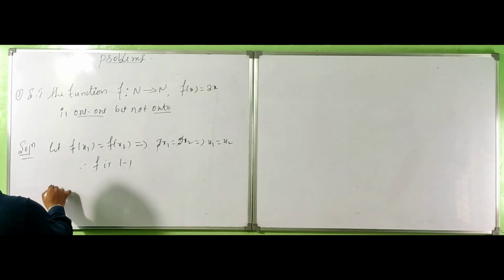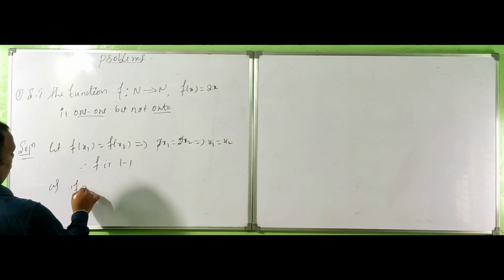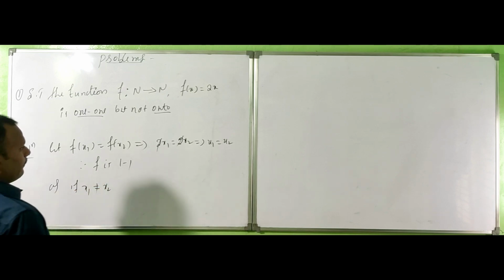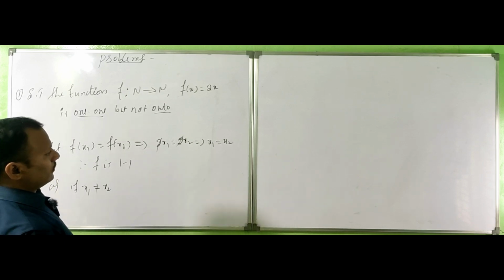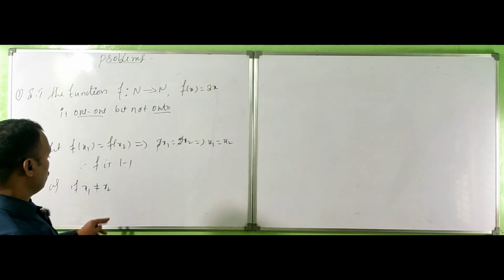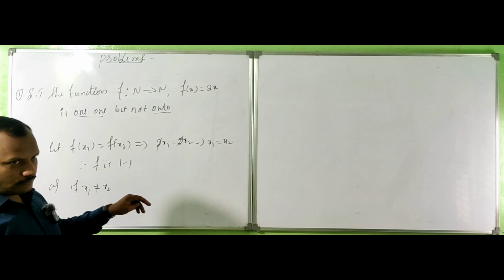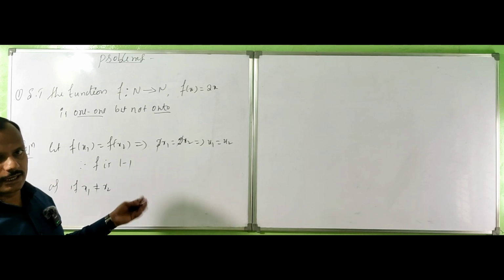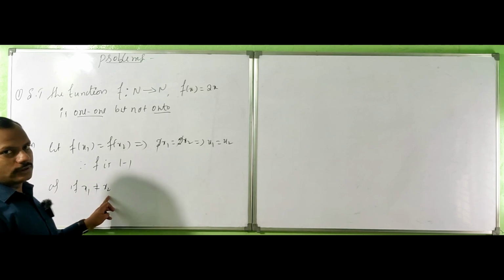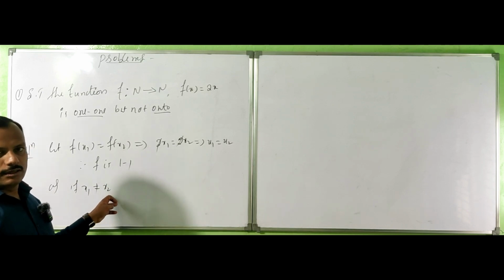Again, if x1 is not equal to x2, that is not possible to show here in general. To show this one, take examples: x1 equals 2 and x2 equals 3.